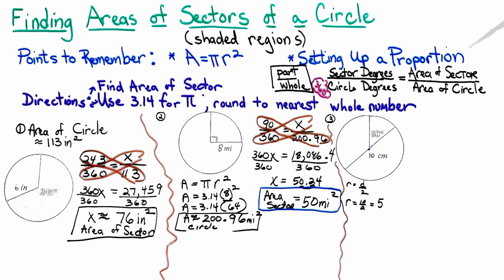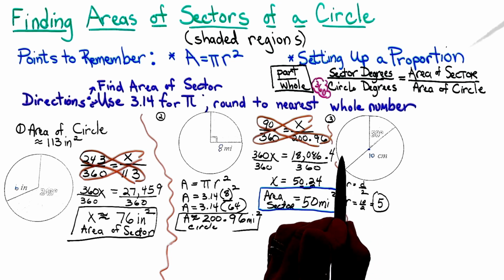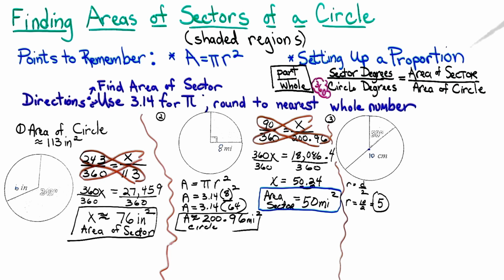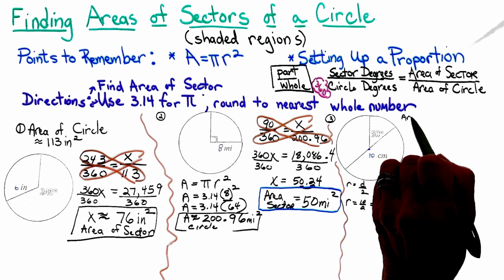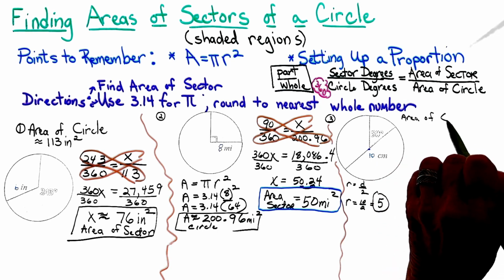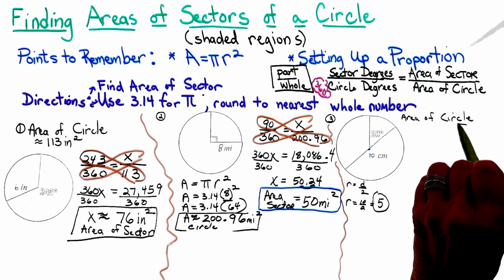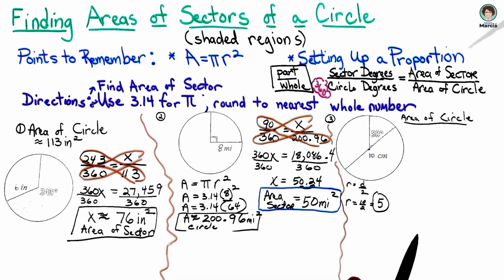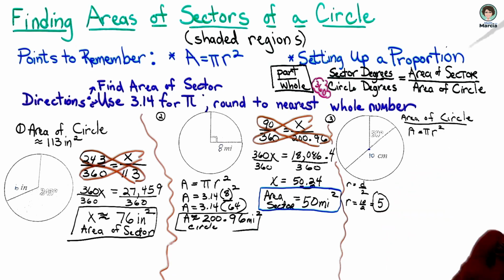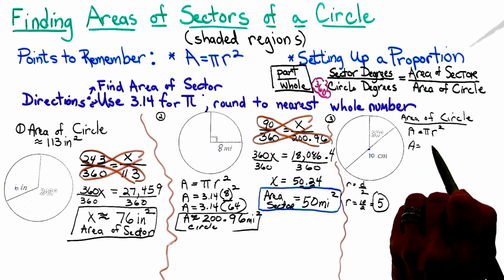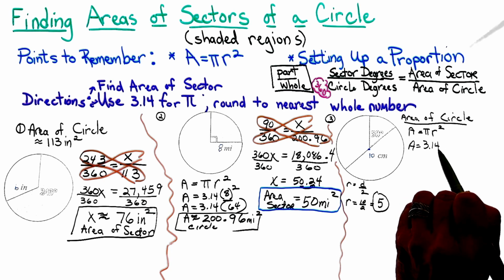So we will definitely be using the radius right here, when we're trying to find the area of the whole circle. So starting off, we're going to first find the area of the circle because we need that for our proportion. So again, area is equal to pi r squared. Our area is equal to, they said use 3.14.